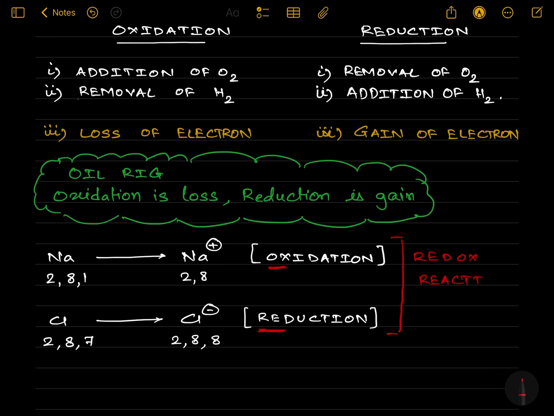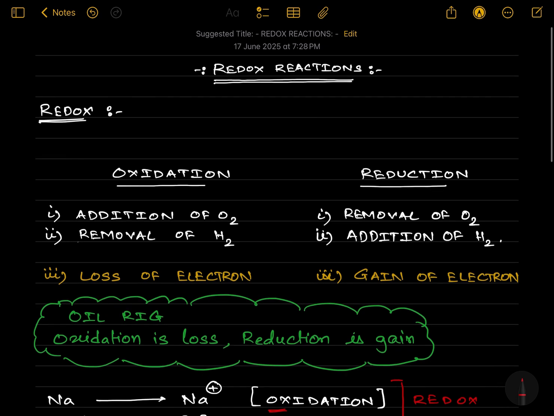So now comes the definition of our chapter, redox reaction. How would you define redox reactions? Redox reactions are reactions in which reduction and oxidation happen simultaneously.